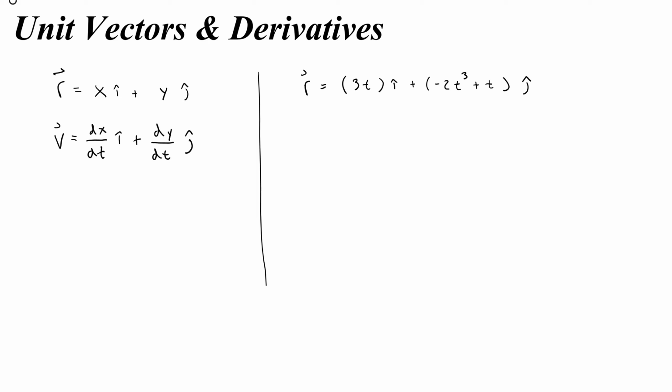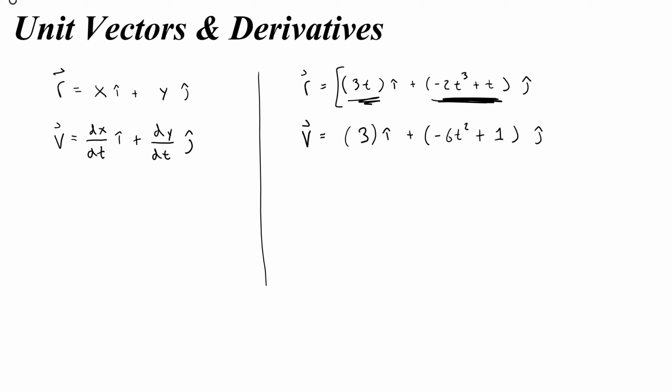Okay, so if I had the equation written this way, I can quickly identify what the velocity vector is by simply taking the derivative of the x component with respect to time, which would be 3, so 3i, and then taking the derivative of the y component with respect to time, which would be negative 6t squared plus 1, j. If I want to put that in parentheses, maybe that would help me.